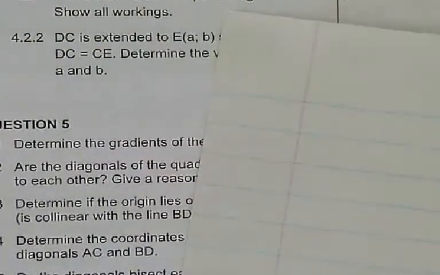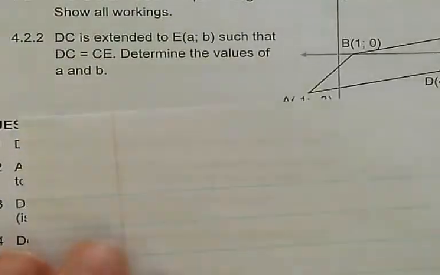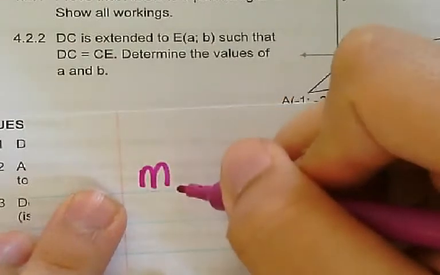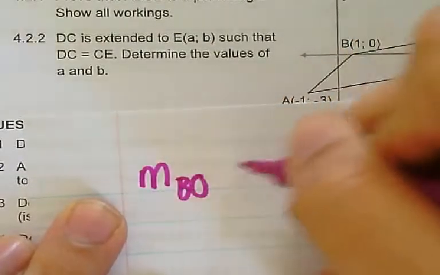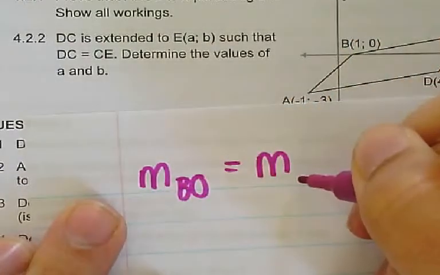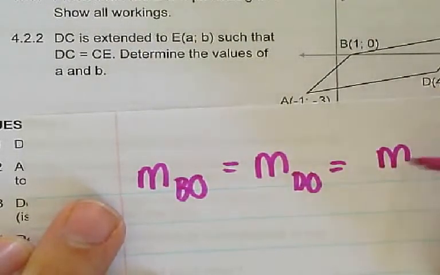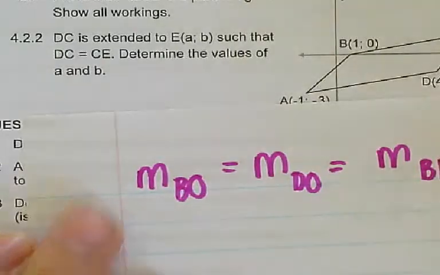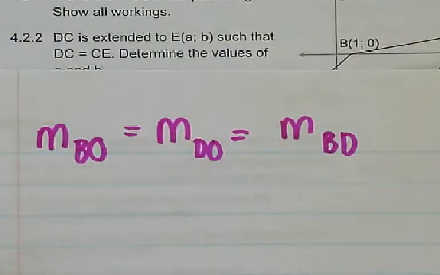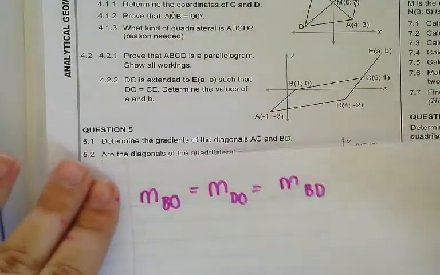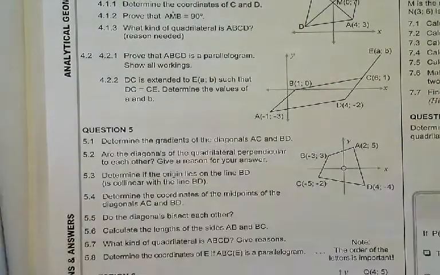How do I know if they lie on the same straight line? They all have the same gradient. So I need to know the gradient of BO, the gradient of DO, and the gradient of BD. We already have the gradient of BD, don't we? We just calculated it as -1. So we just need OB and DO.